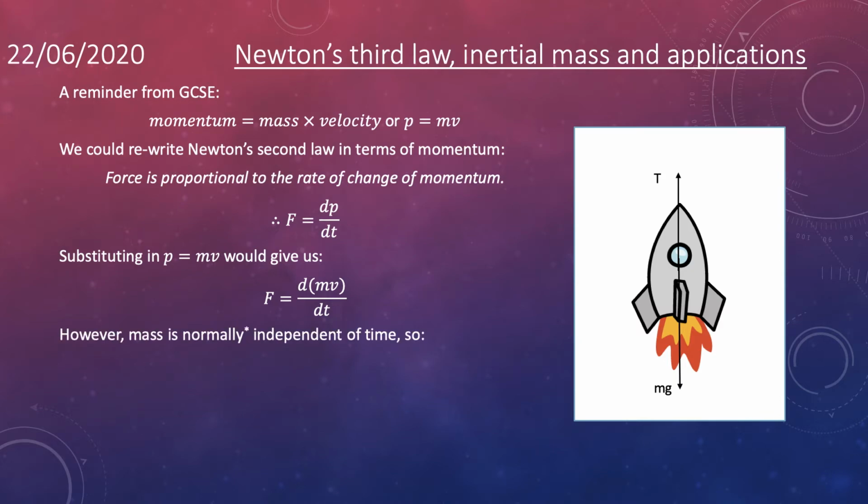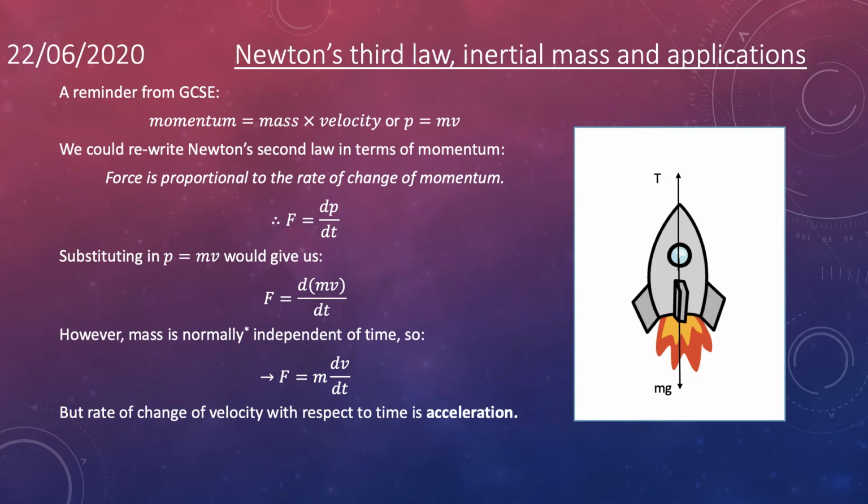However, mass is normally independent of time, so we could bring the m outside. If mass doesn't change with time, then the differential of it with respect to time is itself. So F equals m dv/dt, change in velocity divided by change in time. But we know what change in velocity with respect to change in time is. The change in velocity over time is the acceleration. F equals ma.